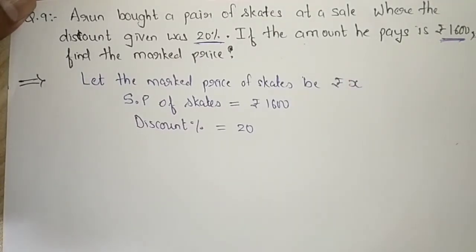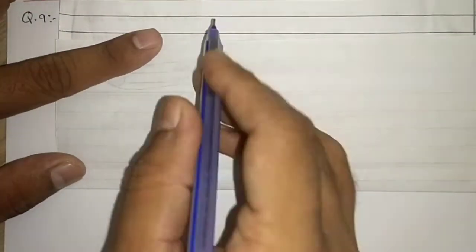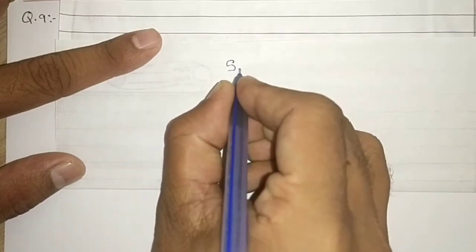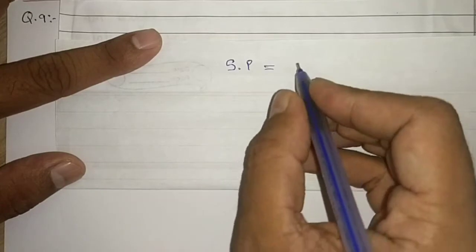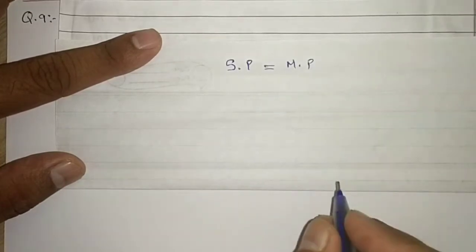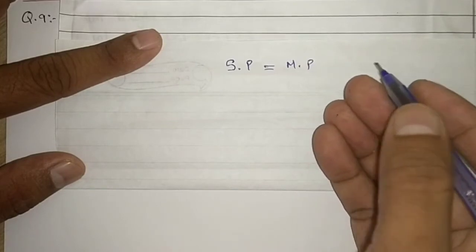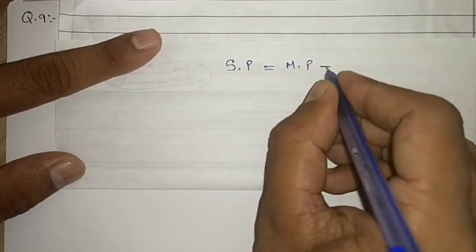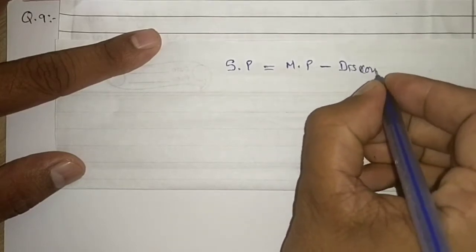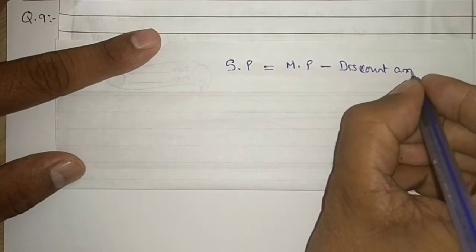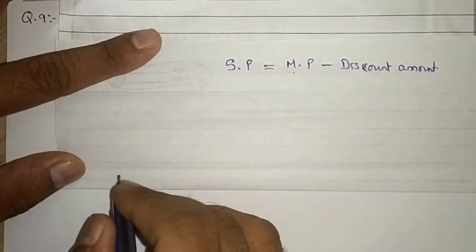If I am going to buy an article, if a shopkeeper is selling it to me, my selling price will be from the marked price, right? Because this article is given on discount, definitely I will subtract the discount amount from MP, then only I will get selling price.